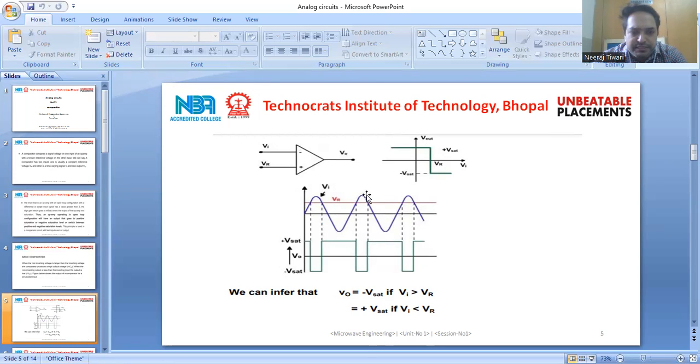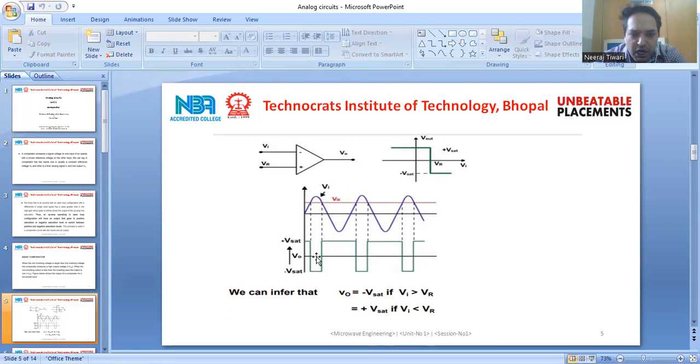So here you can see what input we have taken. It's a sinusoidal signal, V input, and the reference voltage which we have taken at the non-inverting terminal is shown by the red line, and the time varying signal is shown by the blue line.